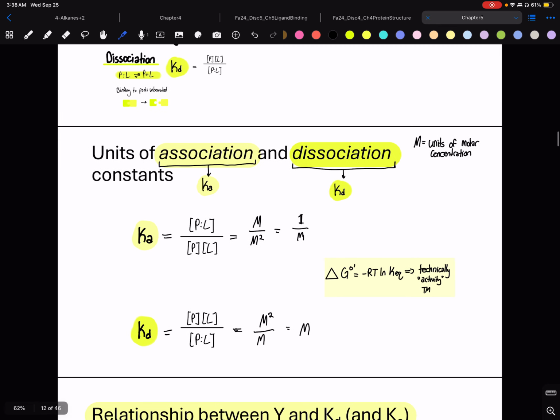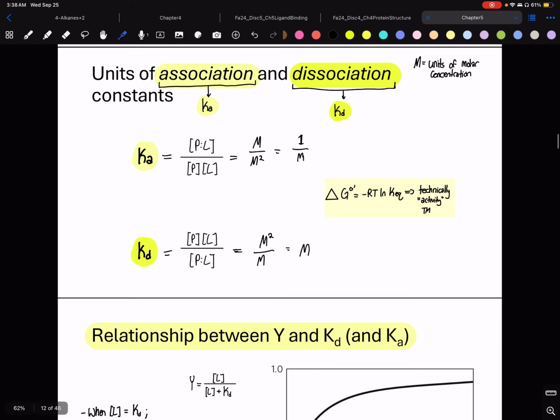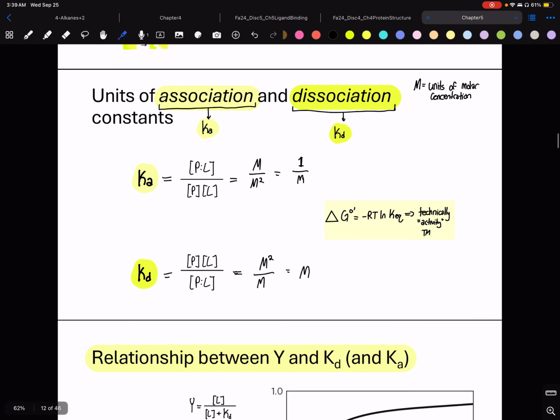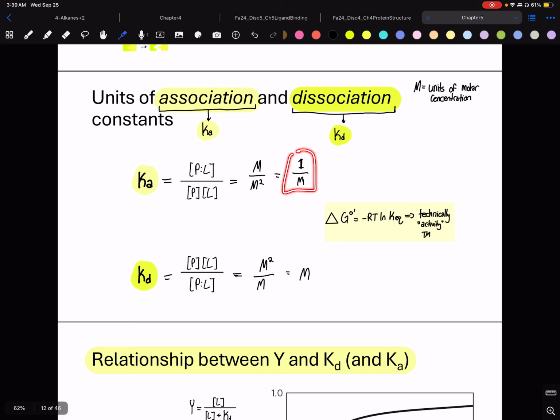For Ka, if we are using units of M, or molar concentration, this can be micromolar, nanomolar, like molar 10 to the -5, whatever, it just depends. We can use M to describe them all. For Ka, it's going to be 1 over M. And then for Kd, it's going to be M. So the units 1 over M for Ka, just M for Kd.